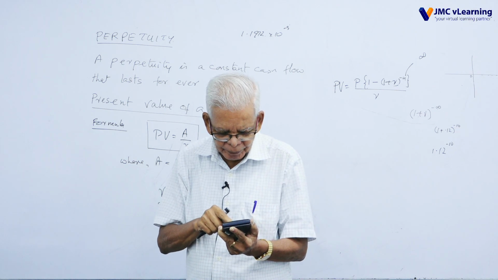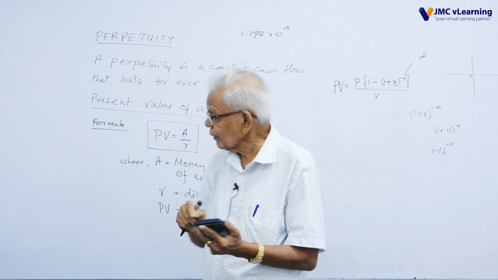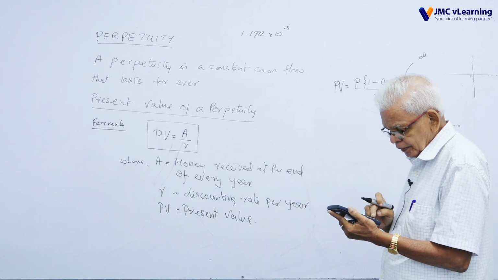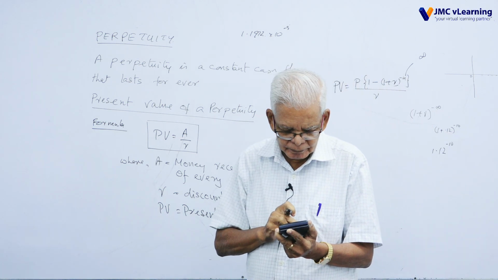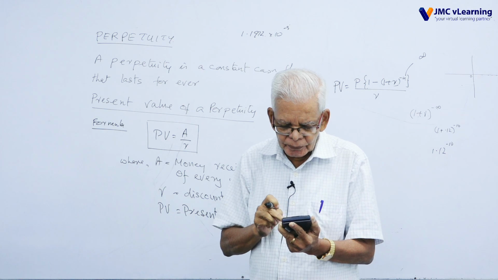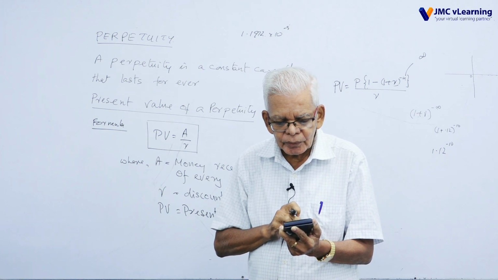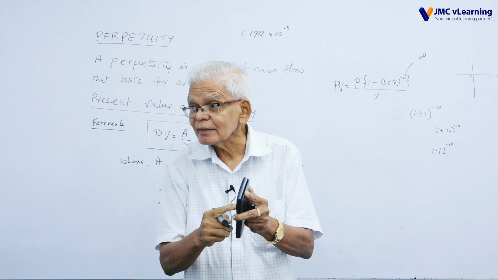1.12 to the power 1000. Do we get a value? 1.12 to the power minus 1000. Do you get a value? Yes, sir. Minus 50 in it.